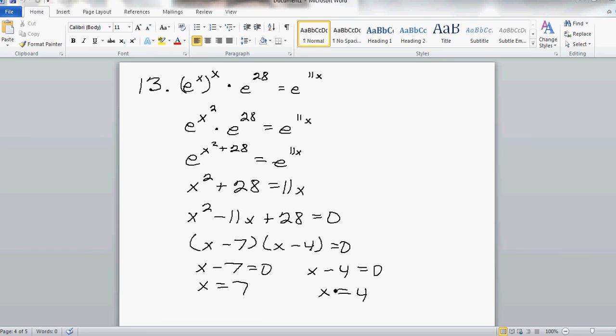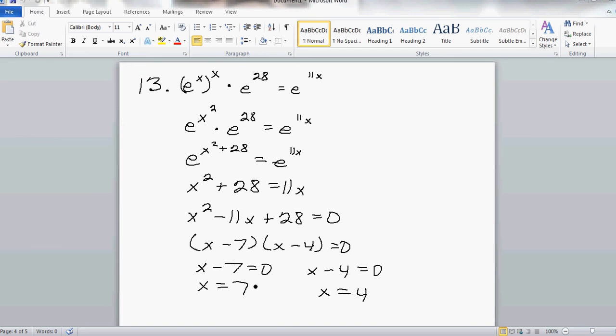Now, one thing we do want to check out pretty quick is, well, let's see, if x equals 7, 49 and 28, yeah, that one seems to work, and 4 would be 16 and 28, yeah.